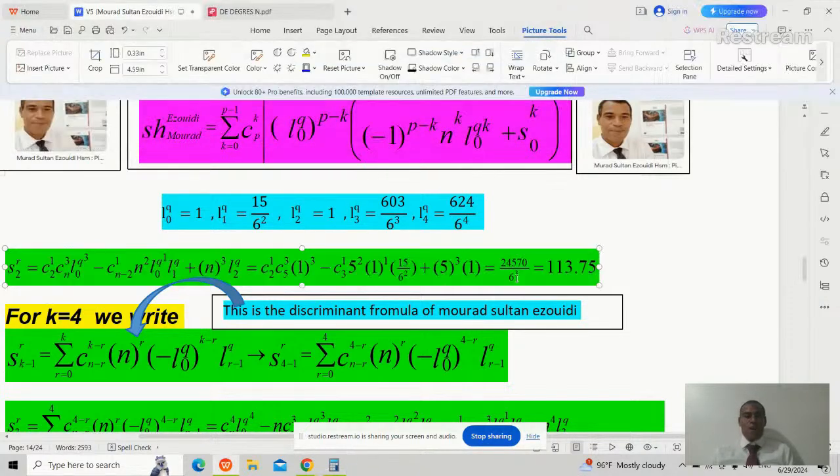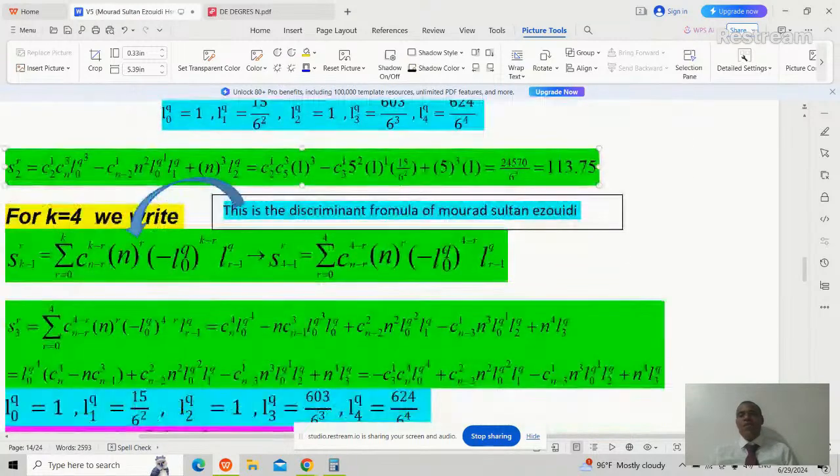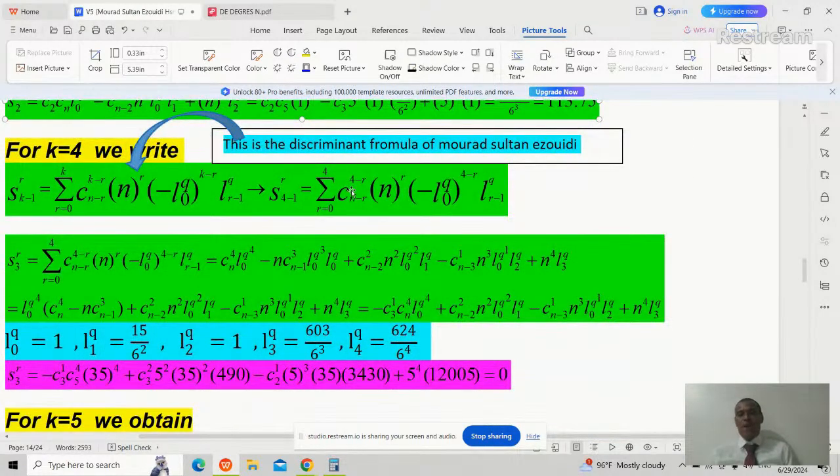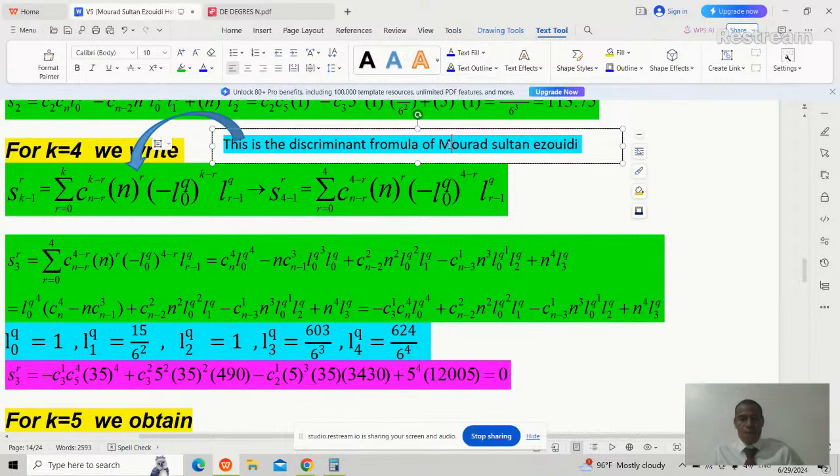Now I'm going to find the value of S3. To find S3, learners, you will go automatically to the discriminant formula of Mourad Sultan Ezouidi. You will find S4 minus 1, which means S3, means you are going to find S3.